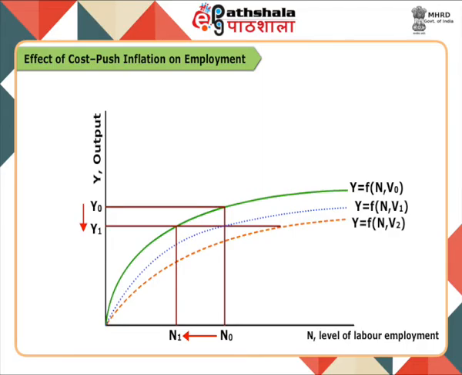The labor that should be employed to produce Y1 level of output along with production function Y is equal to function of N, V2 is N2. In this case, it is seen that although level of output reduced from Y0 to Y1, there is increase in level of employment and employment increases from N0 to N2.